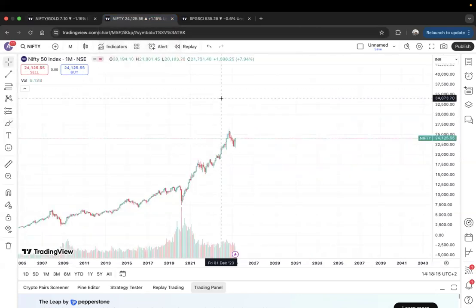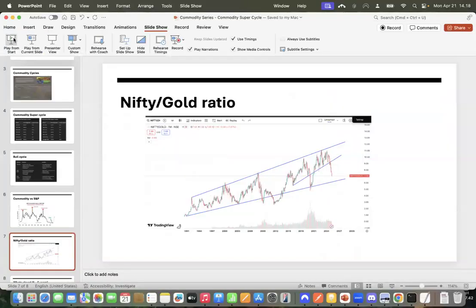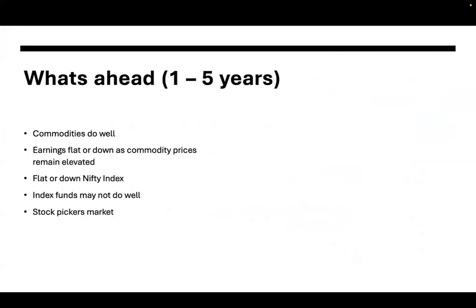So going back to the presentation, what does it say for us? For me, commodities will still do well, but because the commodities are doing well, your earnings are going to be flat, and this means the Nifty could be flat or down.